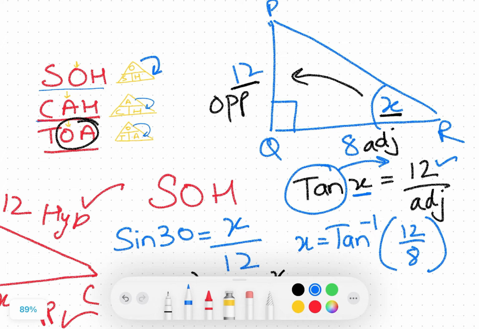Our opposite and adjacent remain the same, but the tan function goes on the other side of the equal sign as a -1 function. Similarly, if we're using the sine function or the cos function to find the angle, we move it to the other side. I hope this has all made sense, and I will be coming up shortly with some exam style questions.